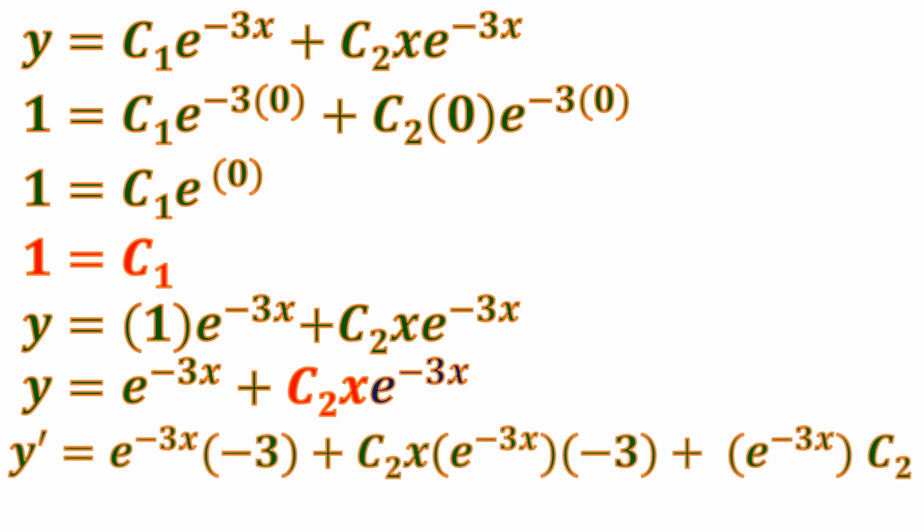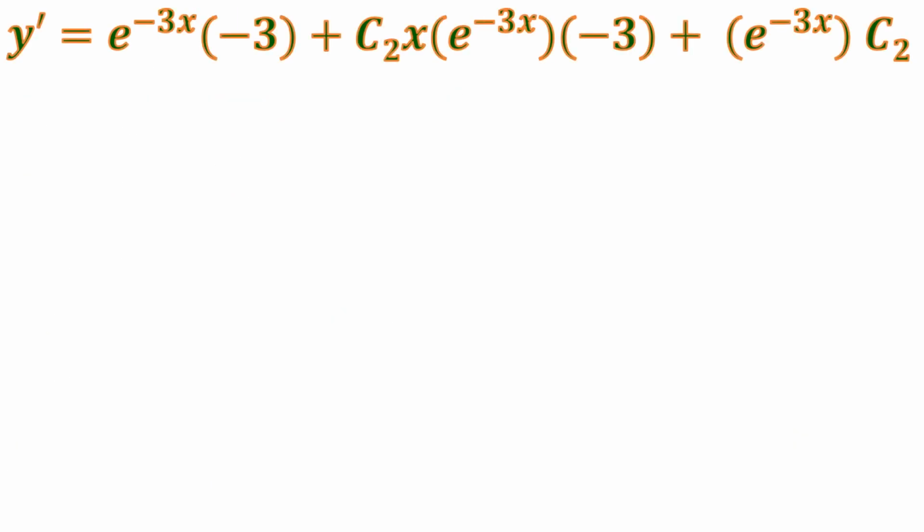Derivative of e negative 3x is e negative 3x times negative 3. Using the product rule, we're going to copy first the c2 x and then get the derivative of e negative 3x, which is e negative 3x times negative 3. And then plus, copy the e negative 3x and derive the c2 x. So the derivative of c sub 2 x is just c sub 2 because the derivative of x will be 1. So it's gone. So this is the first derivative.